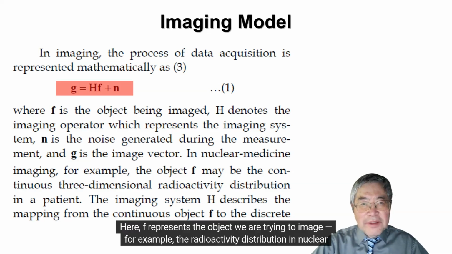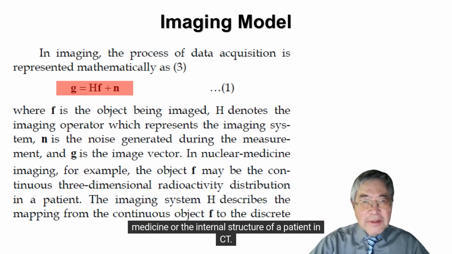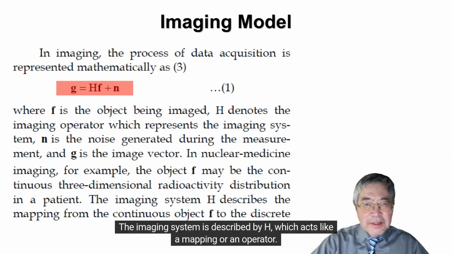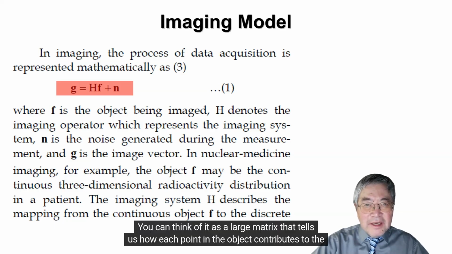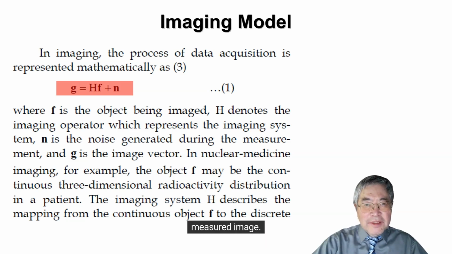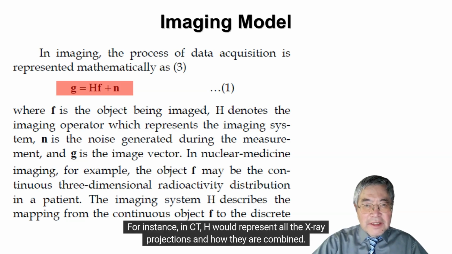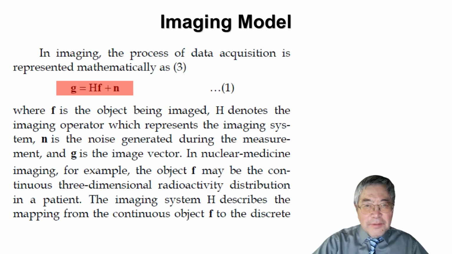Here f represents the object we are trying to image, for example, the radioactivity distribution in nuclear medicine or the internal structure of a patient in CT. The imaging system is described by H, which acts like a mapping or an operator. You can think of it as a large matrix that tells us how each point in the object contributes to the measured image. For instance, in CT, H would represent all the X-ray projections and how they are combined.